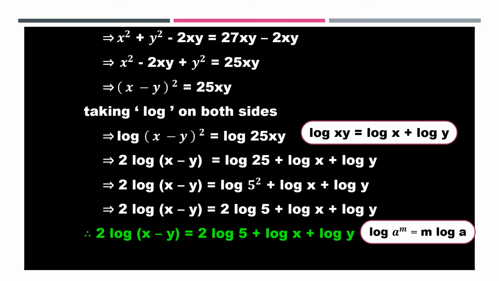Okay, so this is a 4 marks problem. It's very simple. Just see in the question whether it is x minus y or x plus y and do minus 2xy or plus 2xy depending on the question. If it is minus, you do minus 2xy. If it is plus, you do plus 2xy. Then take log on both sides and give this power to the front.